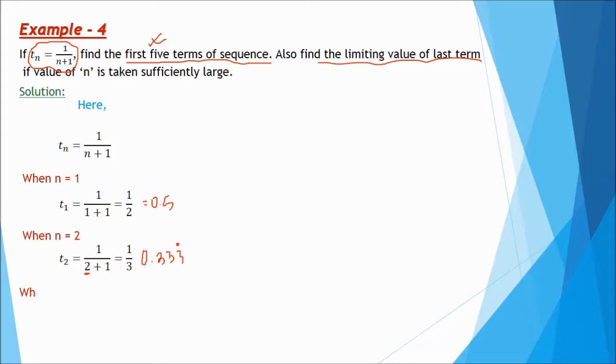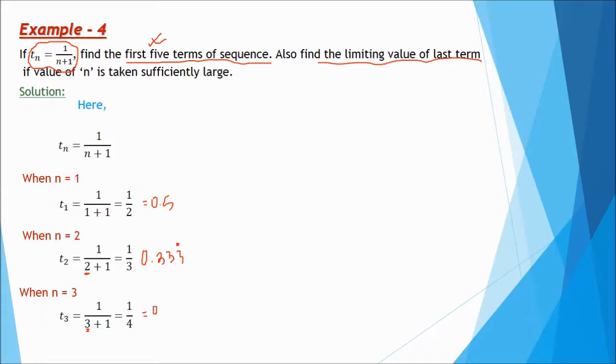Now when n is equal to 3, T3 is equal to 1 by 4, which is 0.25.